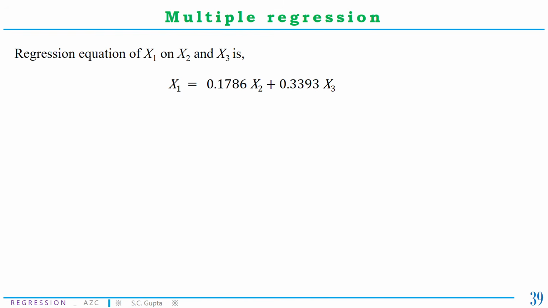So, the regression equation of x1 on x2 and x3 is as given below. Now for question 2. For the value of x2, 0.7, and x3, 2.1 centimeters, identify x1. So place these x2 and x3 values in the above equation and identify x1.